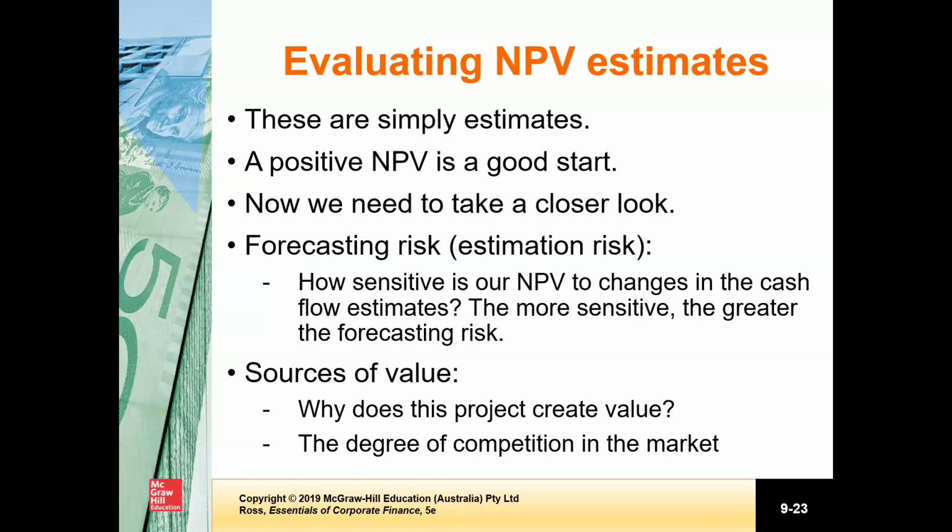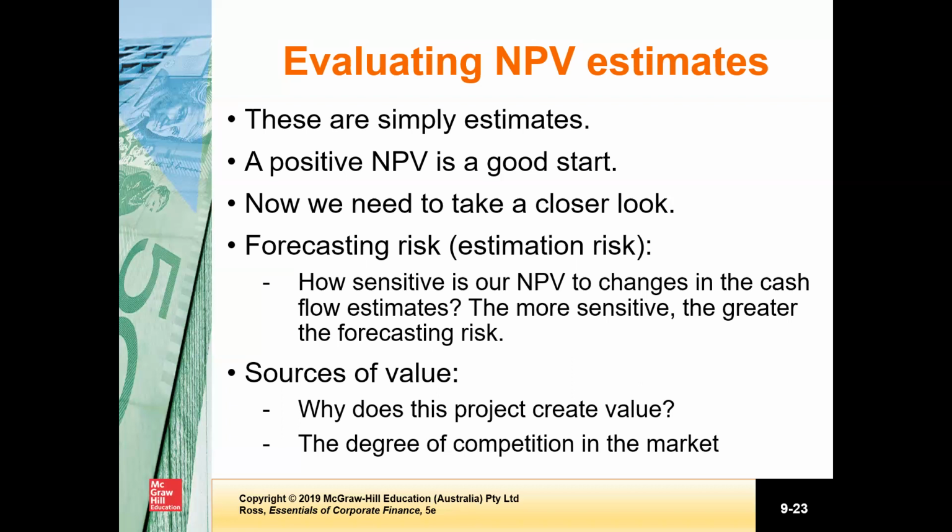Finally, we double check our calculations, and the bottom line is that the estimated NPV is positive. So now what? Do we stop here and move on to the next proposal? Probably not. The fact that the estimated NPV is positive is definitely a good sign, but more than anything, it tells us that we need to take a closer look.